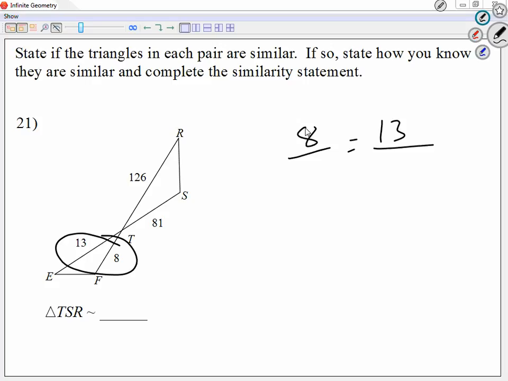Notice I went from small to large. So either both on the top or both at the bottom. Then on the other triangle, you go 81 and 126, from small to large. Now your question was, what if instead of the top, I would have gone 8 and 13, but instead of the numerator, I use the denominator, then on the other one, go 81 and 126. It will be okay.